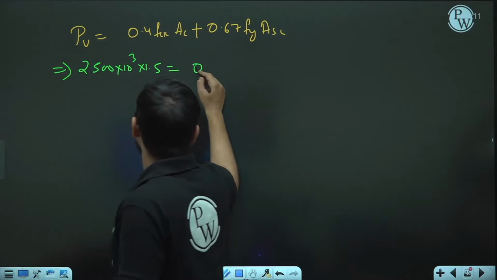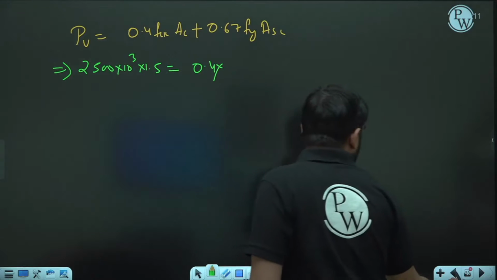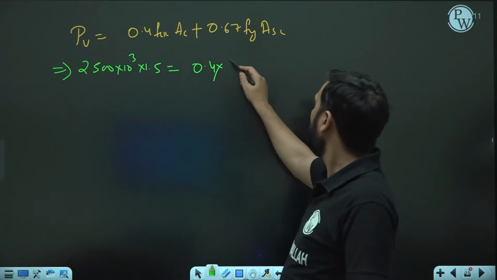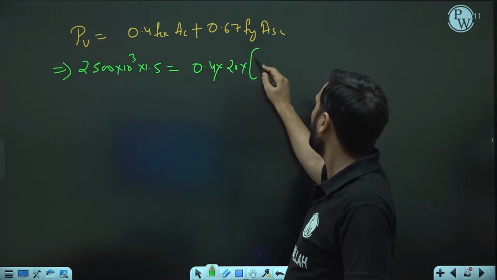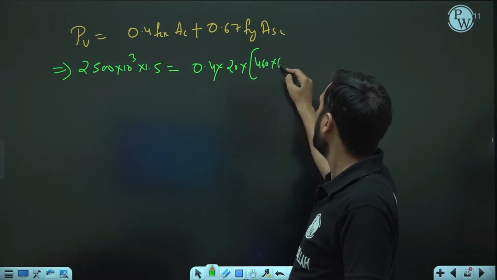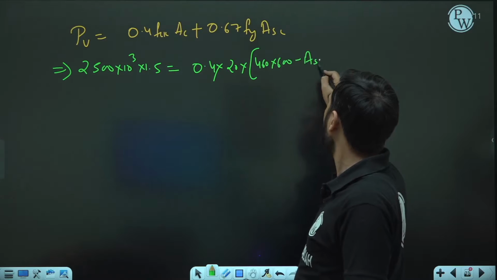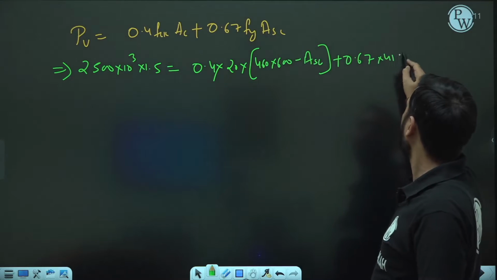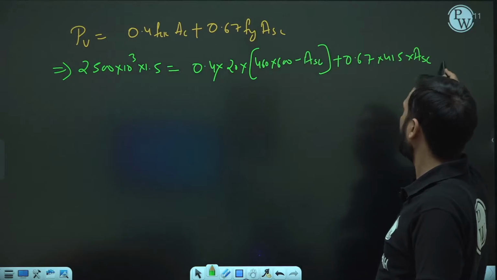What about fck? fck is 20. What is the area of concrete? It is 460 into 600 minus area of steel, plus 0.67 fy, where fy is 415, and Asc again we need to calculate.